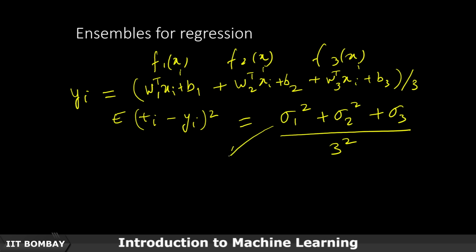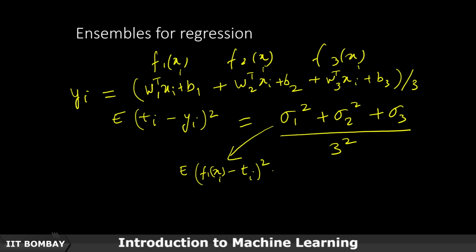So what is this sigma 1? Sigma 1 is the expected value of this first one, f1 of x minus ti, the whole square. And then similarly sigma 2 is the expected value of f2 of xi minus ti, the whole square, and so forth.